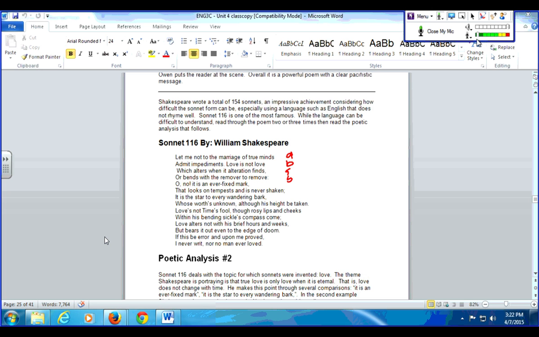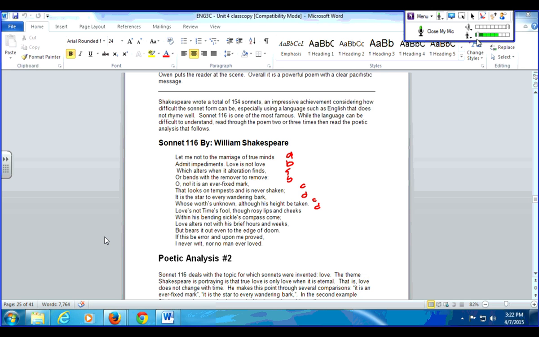Oh no, it is an ever fixed mark that looks on tempests and is never shaken, it is the star to every wandering bark, whose worth's unknown, although his height be taken. So we have C, D, C, D. So A, B, A, B, C, D, C, D. Love's not time's fool, though rosy lips and cheeks within his bending sickle's compass come. Love alters not with his brief hours and weeks, but bears it out even to the edge of doom.